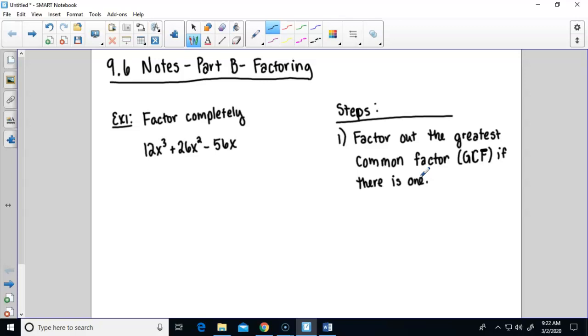Okay, so if I'm looking at this, Riley, what would our greatest common factor be for this expression? 12x to the third plus 26x squared minus 56x. What could we divide all those terms by? 12x. 12 is not going to go into 26 or 56.